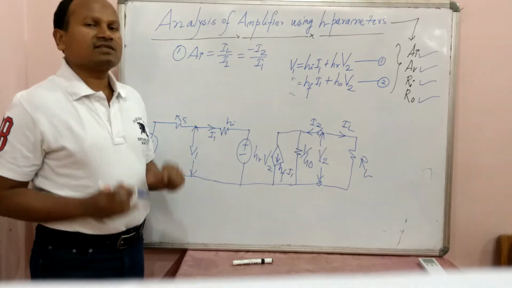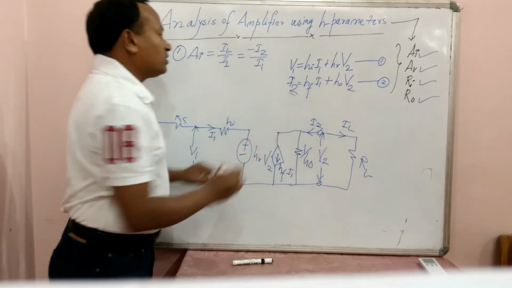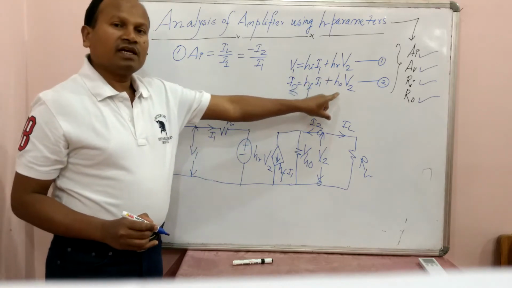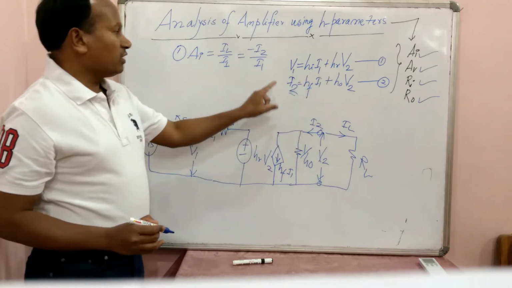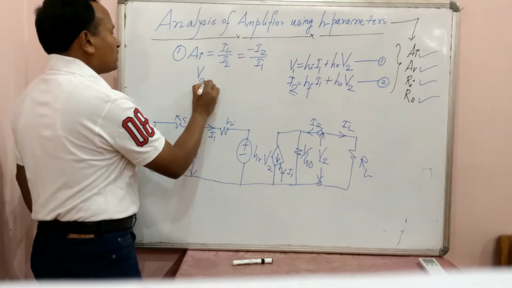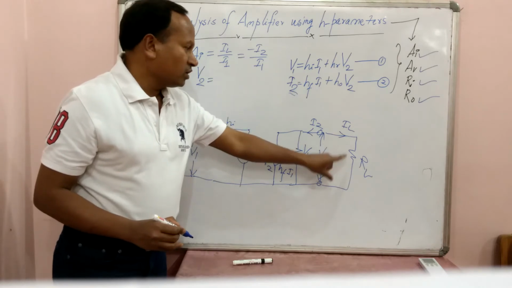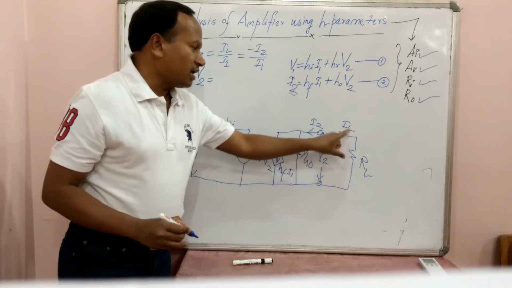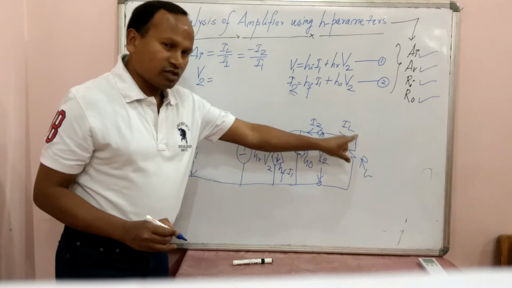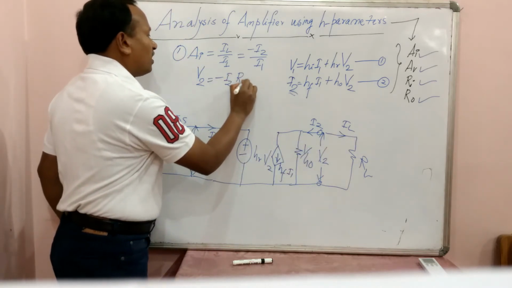How can we get this? Very simply. See the second equation. What is our second equation? I2 is equal to HF I1 plus HO V2. So can we get I2 divided by I1? Yes. Because what is V2? It is the voltage across RL. What current is flowing through RL? IL, which is minus I2. We can say V2 is minus I2 into RL.